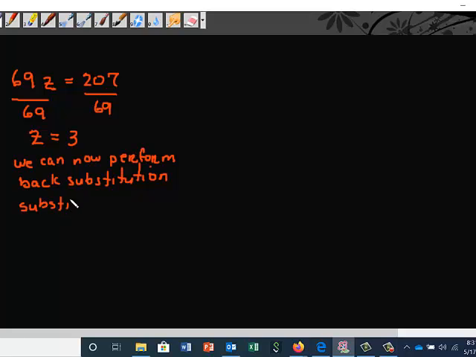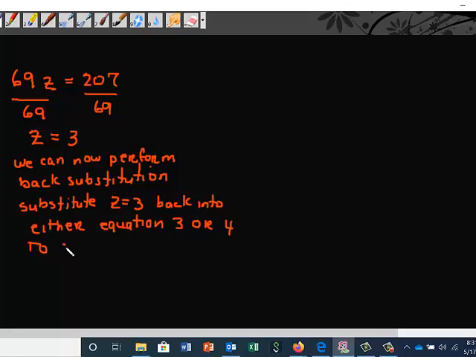We substitute z is equal to 3 back into either equation 3 or 4 to solve for y.